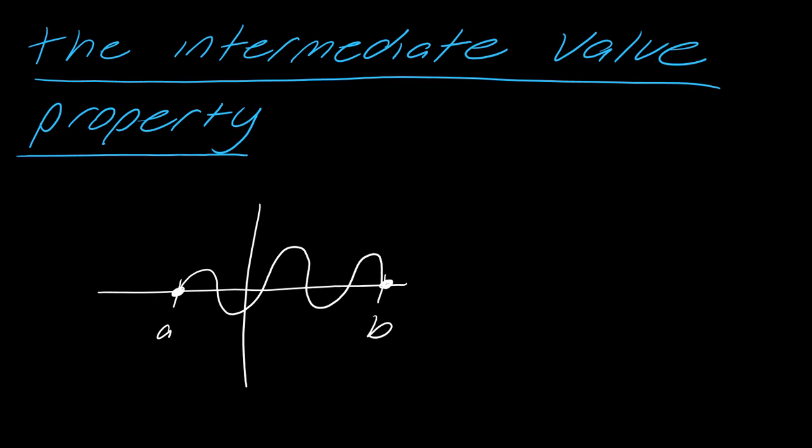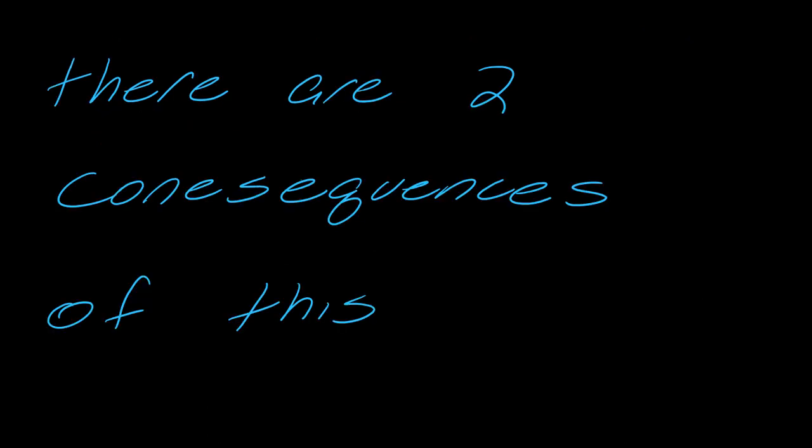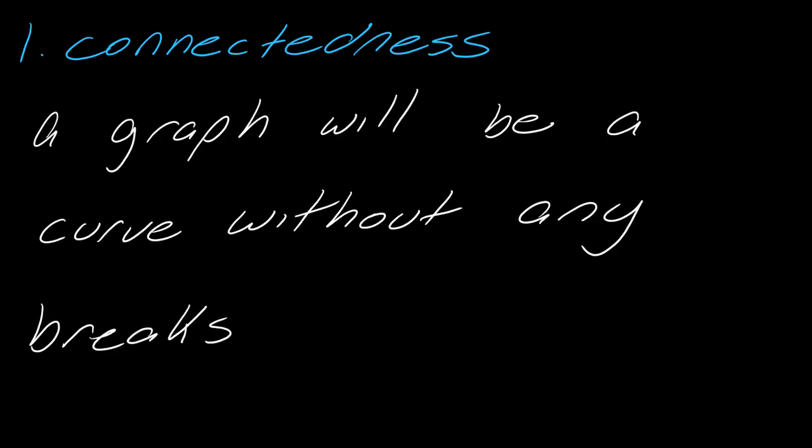From the intermediate value property, we actually get two consequences, and we're also thinking about continuity. The first consequence is what we call connectedness, and not like a bad consequence. It just happens to be two things that we get out of this. What connectedness means is something pretty obvious, I think.